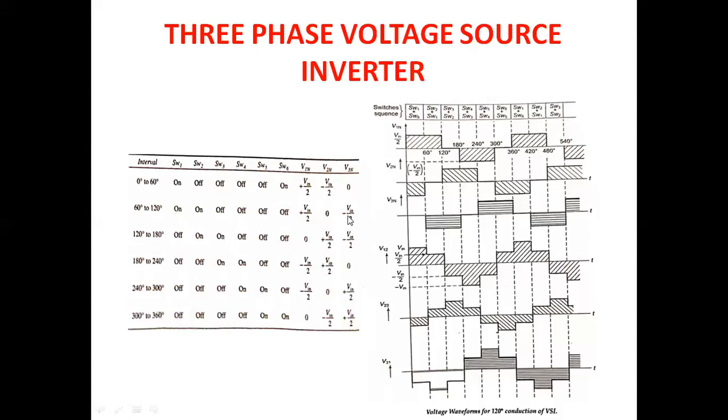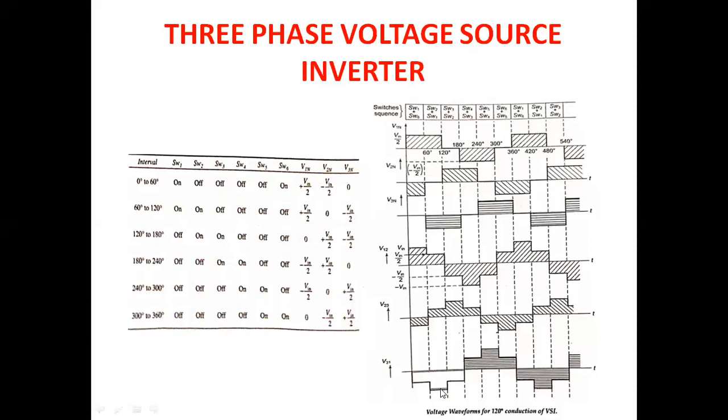That is V2n minus V3n, that is 0 minus of minus Vin by 2, that is plus Vin by 2. That is clear. And what is V31? That is V3n minus V1n, that is minus of Vin by 2 minus 0, that is minus Vin by 2. That is clear.